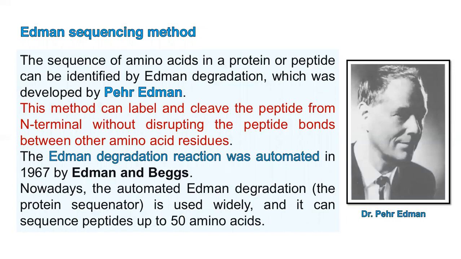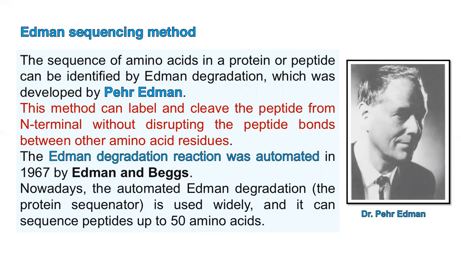The general gist of this whole process is that the method uses a label which will bind with the N-terminal amino acid to form an amino acid derivative, which can be cleaved out of the polypeptide, leaving behind a shorter intact peptide chain.